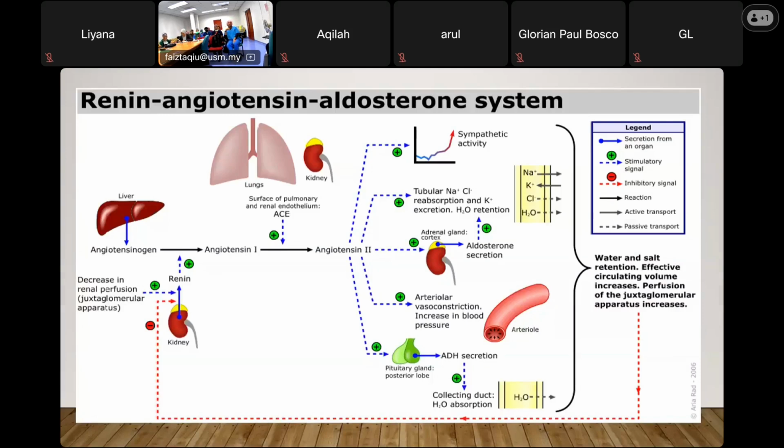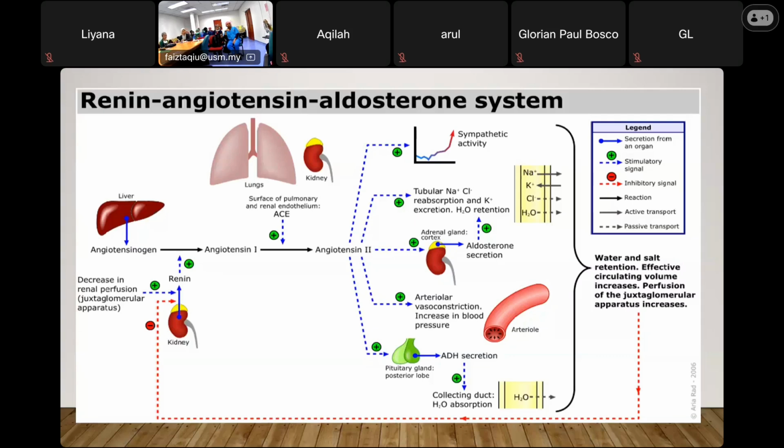Okay, so decrease in renal perfusion will be detected by the juxtaglomerular apparatus, so it will cause release of renin. Before release of renin is the correct answer. Tapi sebelum tu, at the distal tubule, what does it sense? When there's a reduction in renal perfusion pressure, what happened to the content of the fluid within the tubules?